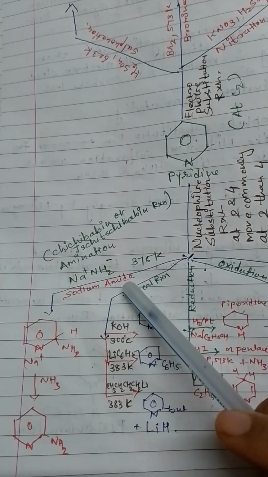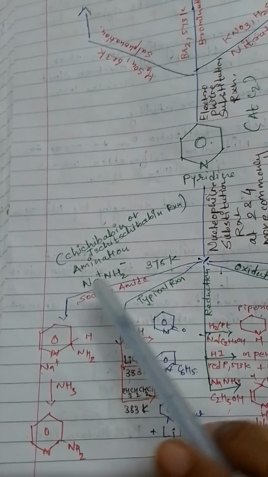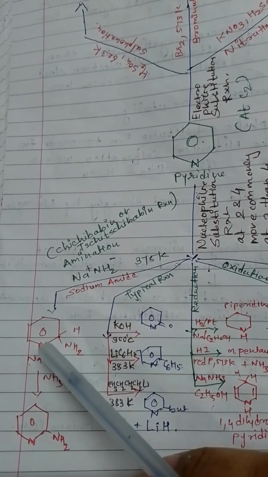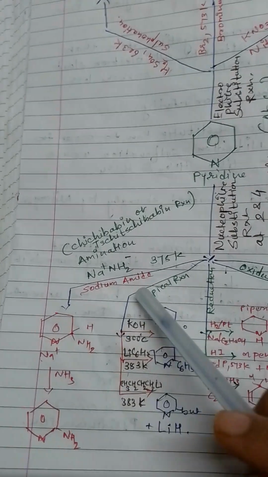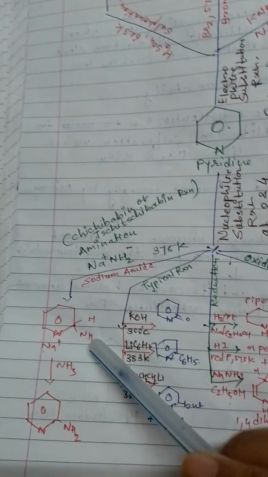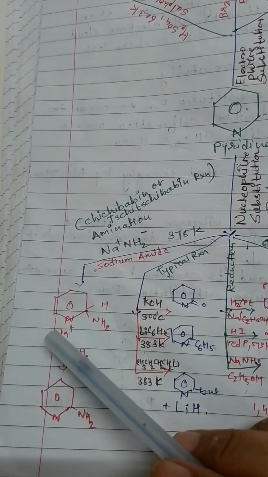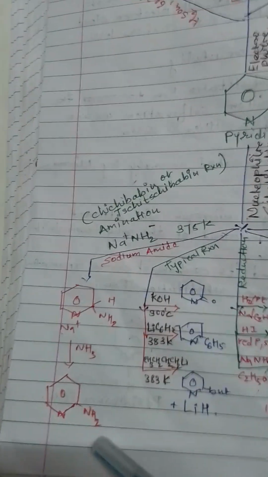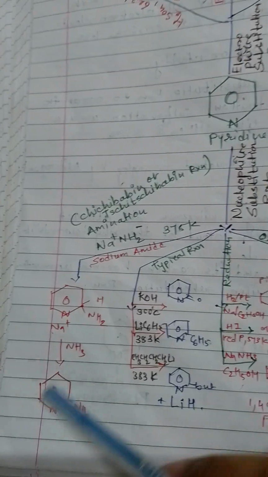Here we use sodium amide, and at 375 Kelvin temperature, the negative part will react with the positive part of the sodium amide, and the NH2 group will attach at the second position of the ring. Again, in presence of NH3, Na plus will be removed and we will get 2 aminopyridine.